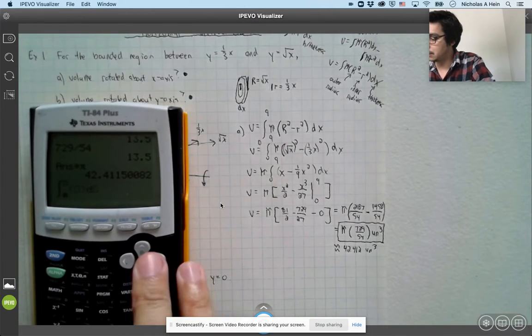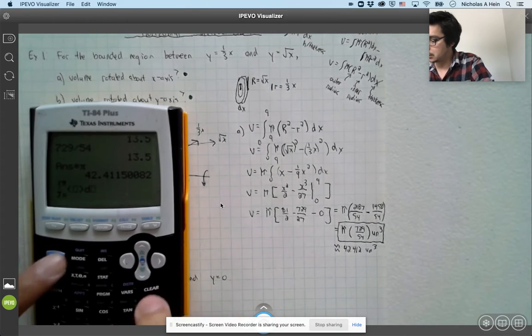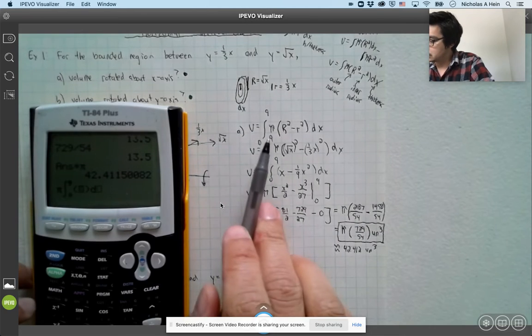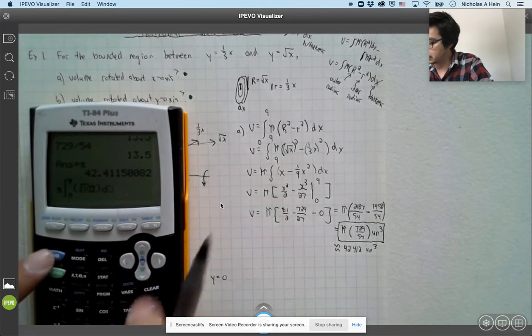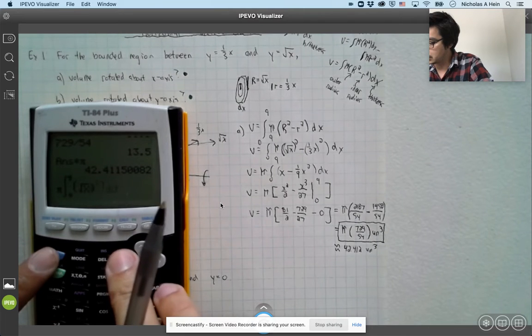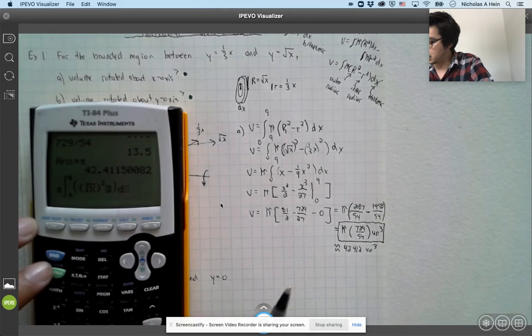Let's see. The integral from 0 to 9 of pi, and I'm going to put the pi in front here, seeing it's just a constant, of the outer radius squared, which is root x, and all of this was squared, minus your inner radius squared, which was 1/3 x.